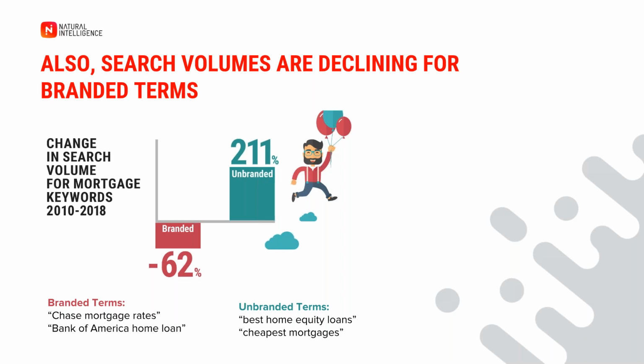Do we just go all in on unbranded terms if that's where the puck is going? The answer, surprisingly, is no, for two reasons. The first reason is you need to be the best in all searches related to your brand. That's something you need to own in search results.